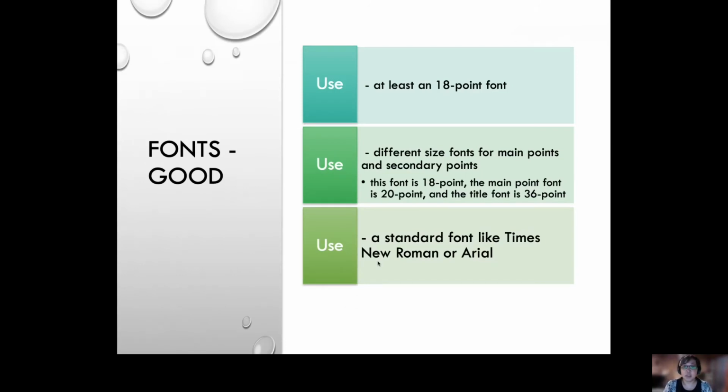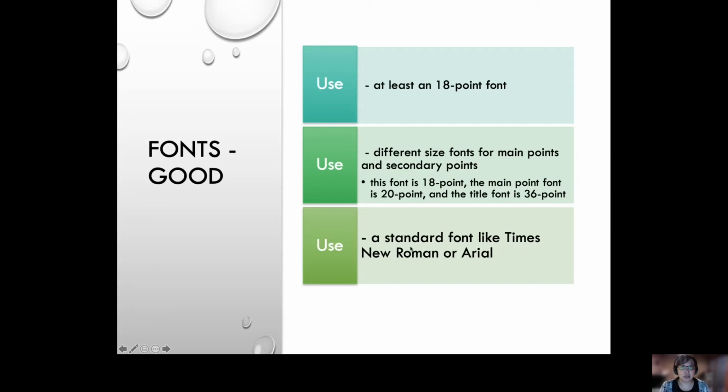Fonts, okay? Use at least an 18-point font. Now, you are lucky today, you're looking at this on your computer, but if I put it up on a projector, the fonts will become smaller. And the bigger the room, the smaller the font will look. So 18 point is the minimum, okay? So this is 18 point, this is 20 point, okay?